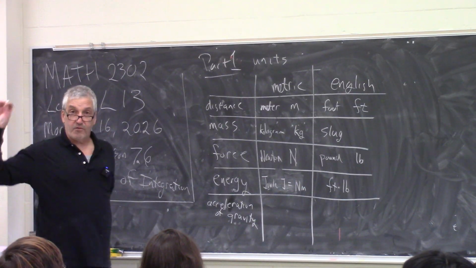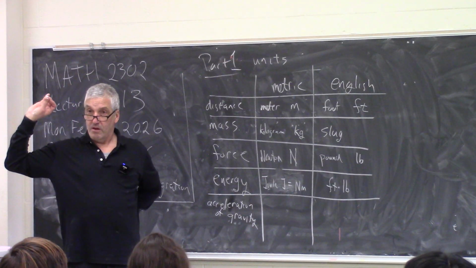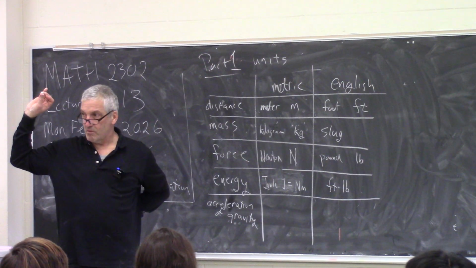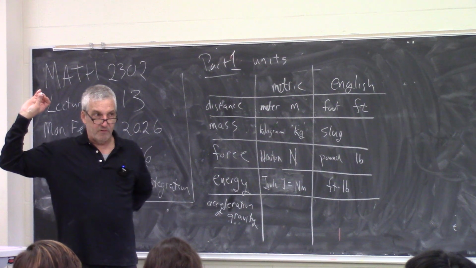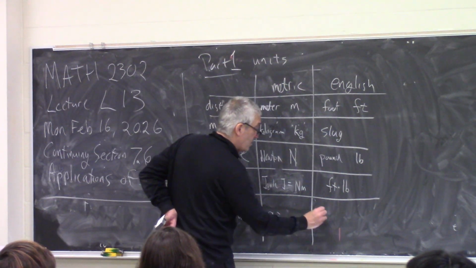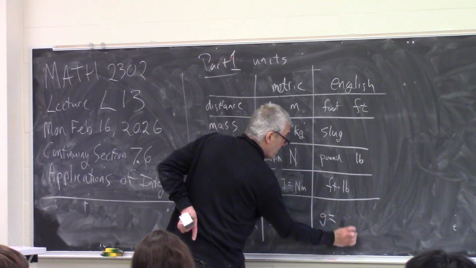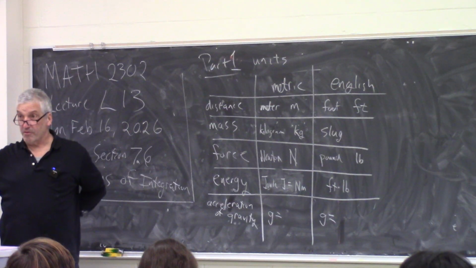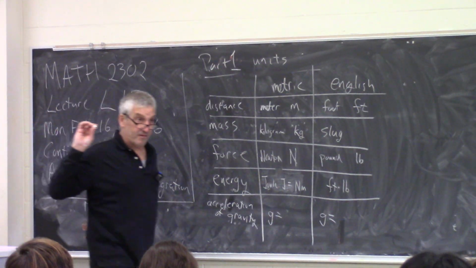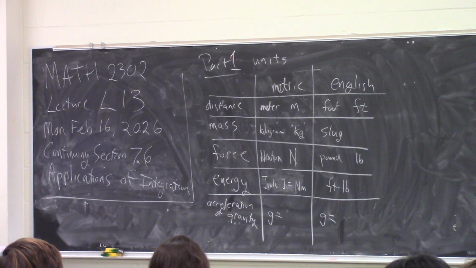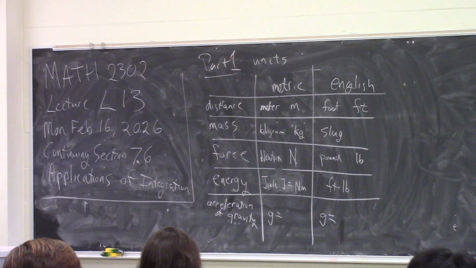What's the acceleration of gravity in the metric system? I'm not going to be calling on repeat customers here. I'm going to need some new hands up. What is g? If you're shy about answering, you should answer early on when the questions are easier, because the questions just get harder. Ethan, your hand is kind of up.